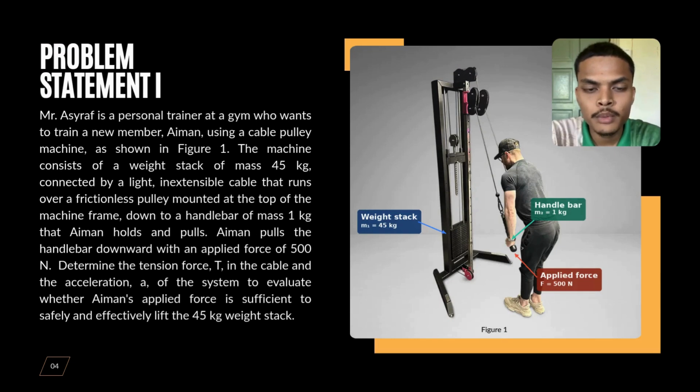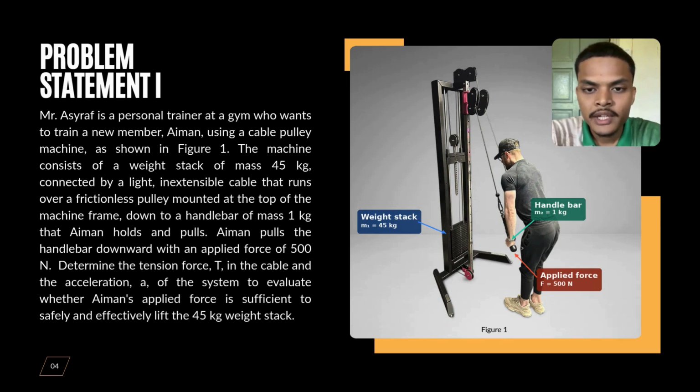Here's our first problem statement. Mr. Ashraf is a personal trainer at a gym who wants to train a new member, Aiman, using a cable pulley machine as shown in figure 1. The machine consists of a weight stack of mass 45 kg connected by a light inextensible cable that runs over a frictionless pulley mounted at the top of the machine frame, down to a handlebar of mass 1 kg that Aiman holds and pulls.